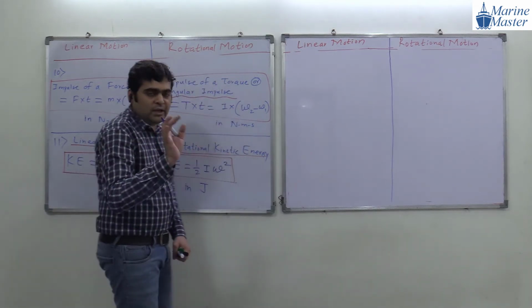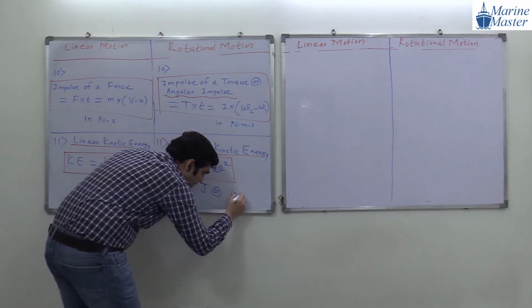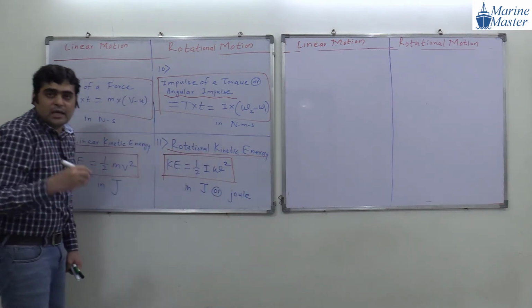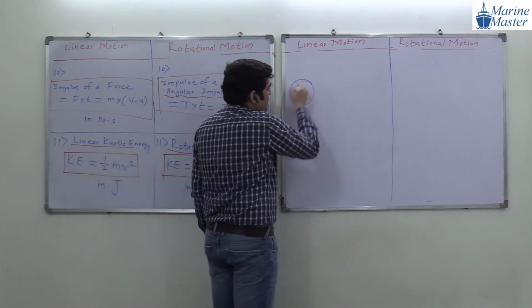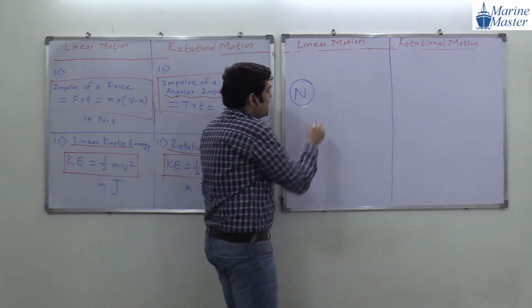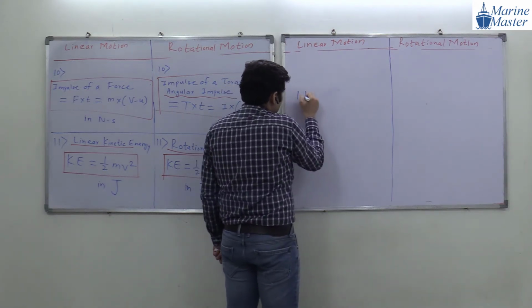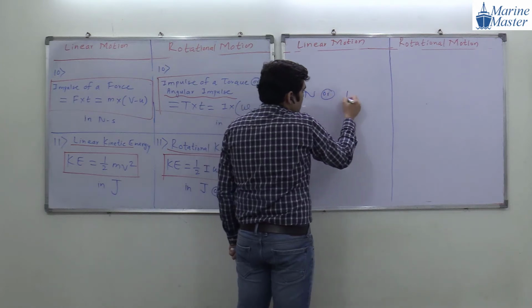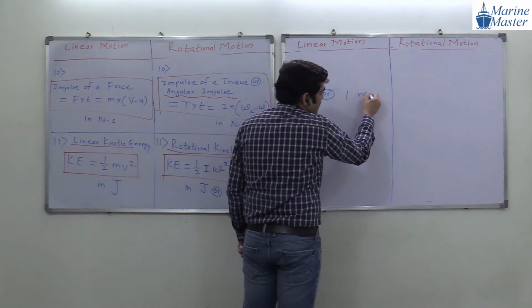If you want the full name, then in that scenario the j must be small. Remember, if you are using the abbreviation for Newton as a unit, then capital N. But if you are using the full name, 1 newton, then the n must not be capital.